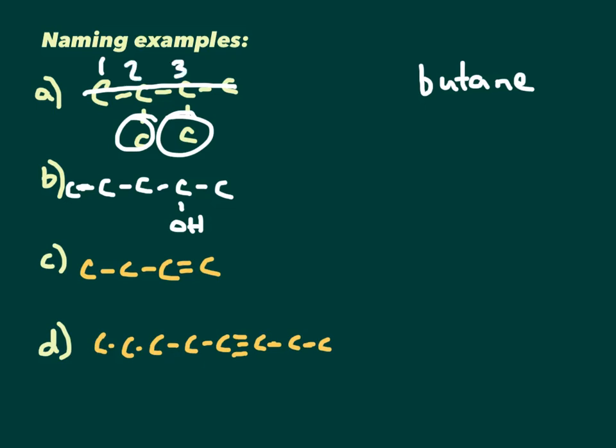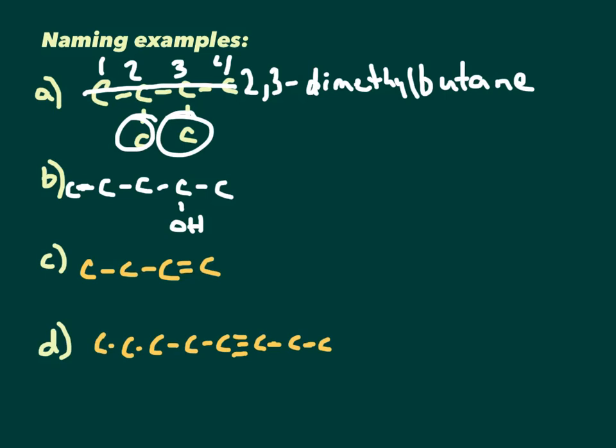Either way, it's going to have a methyl on 2 and 3, and so that would mean since there are 2 methyl groups, I put dimethyl, and I have to say where they are at, and I put a dash, and I put 2, comma, 3. So on carbon number 2 and carbon number 3, there's a methyl on that butane.